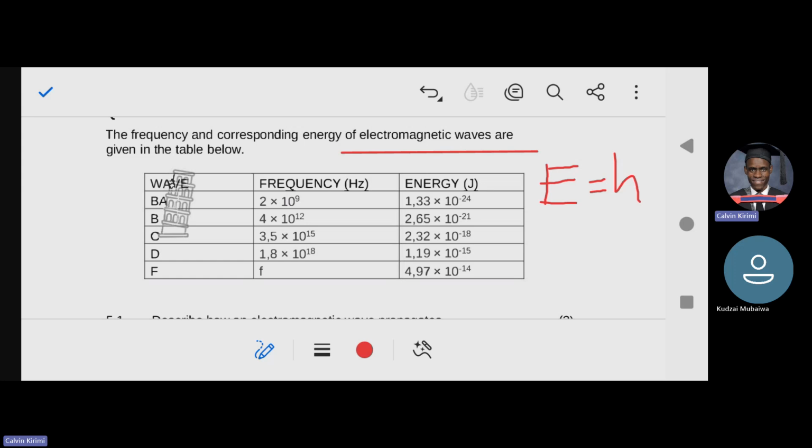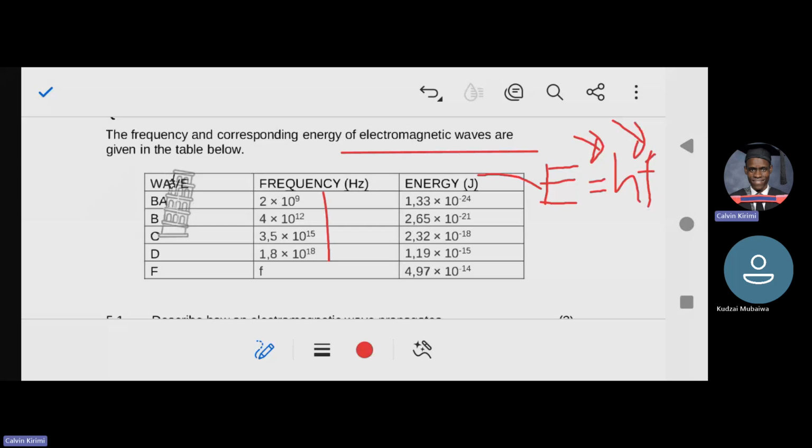E = hf, which means Planck's constant multiplied by the frequency. E is the energy of the particle. h is just a constant, which we are just going to multiply. Constant means a number. Then frequency, it changes. And you see the frequencies are changing here.